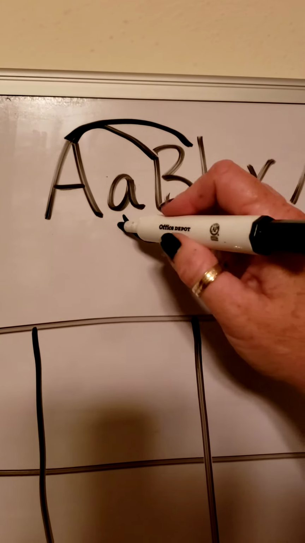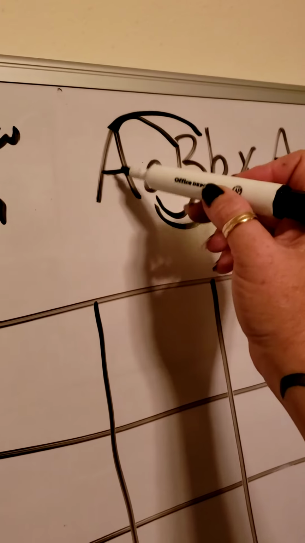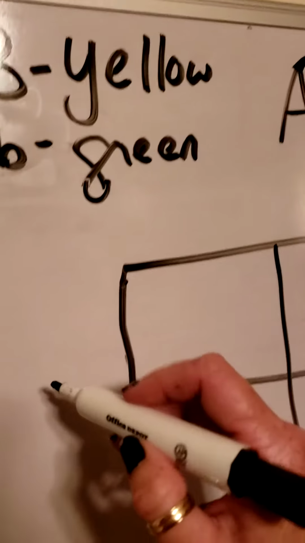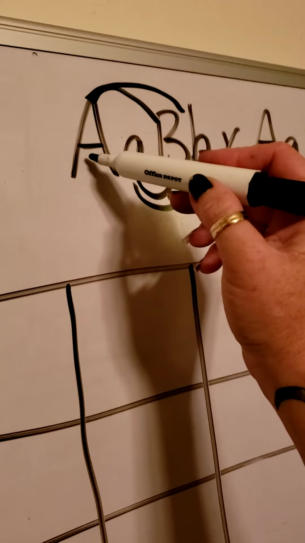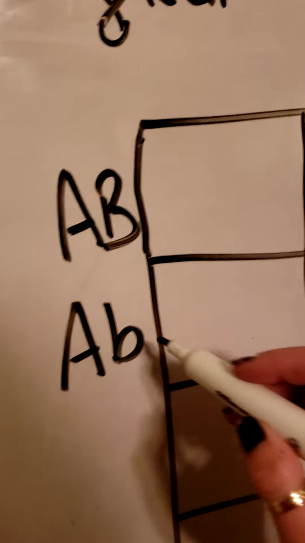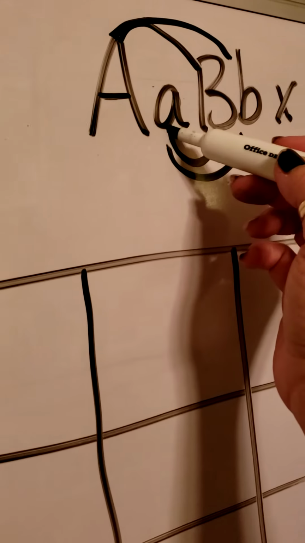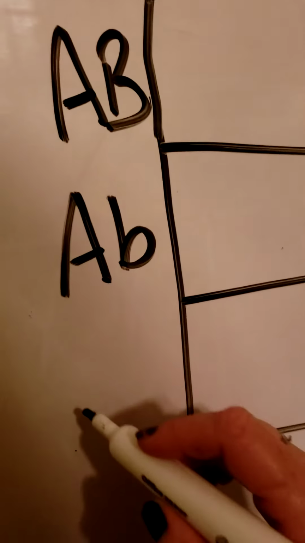We're just distributing the alleles. Let's put them down here in our Punnett square. So we went from big A to big B, and then big A to little b, because we're going to cross to every allele. And then we go from little a to big B and little a to little b.